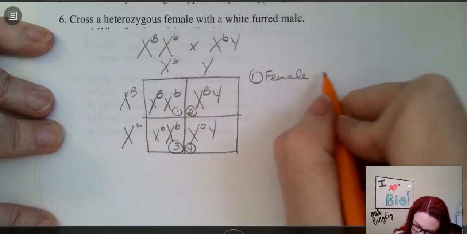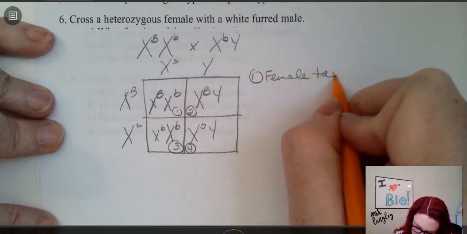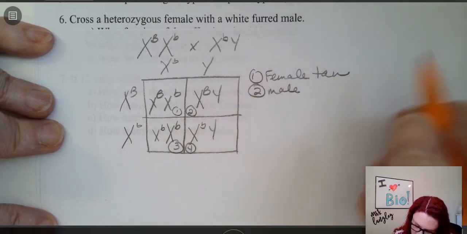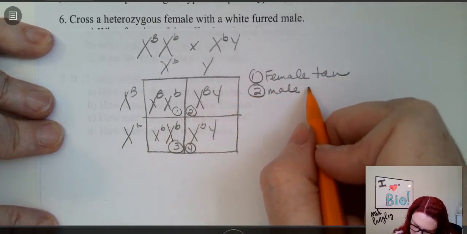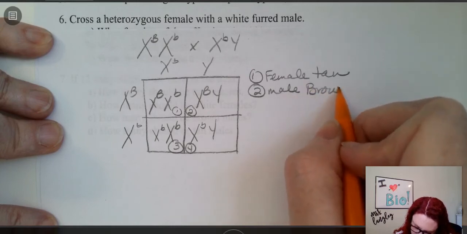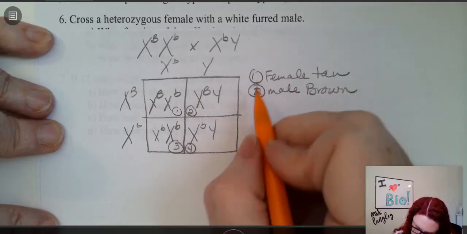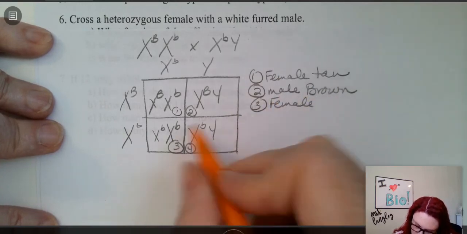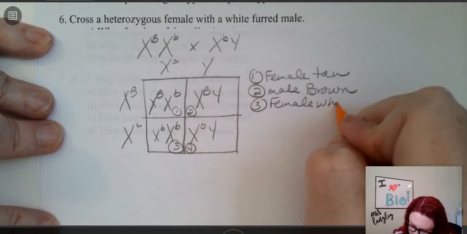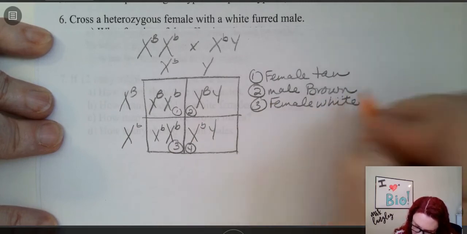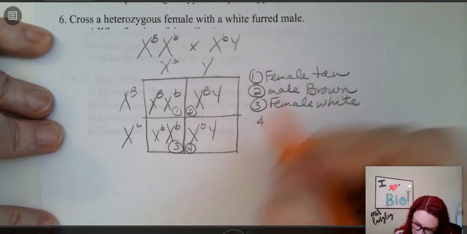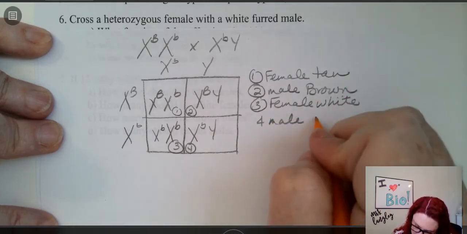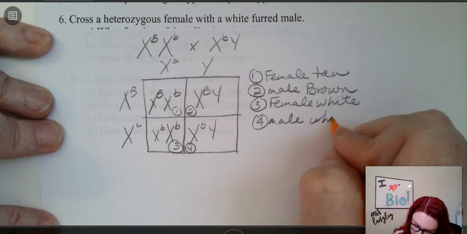And the color, it's heterozygous, so it's going to be tan. Number 2, this one is male, and it has only a capital B, so that means brown. Number 3, 2 X's means female. 2 little b's mean white. And number 4, an X and a Y means male. And 1 little b means white.